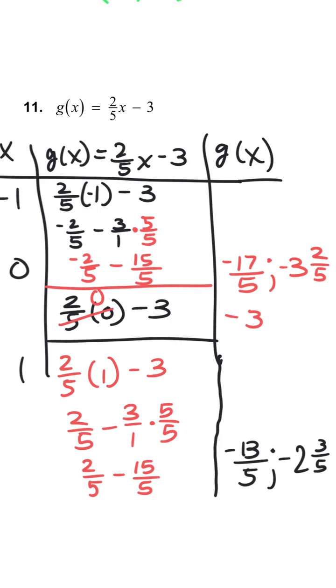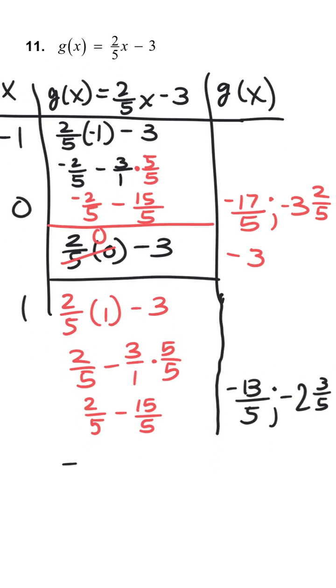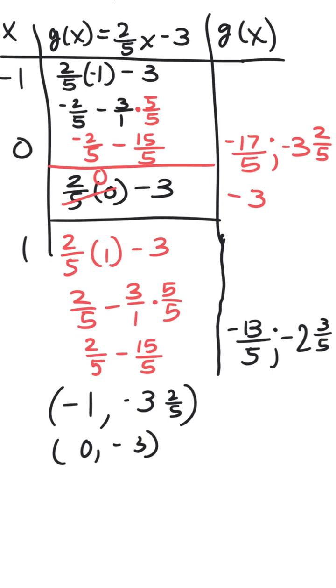All right, so now we have the ordered pairs. We have our ordered pairs as negative 1 and negative 3/5, 0 and negative 3, and 1 and negative 2 and 3/5. Okay, let's start graphing that.